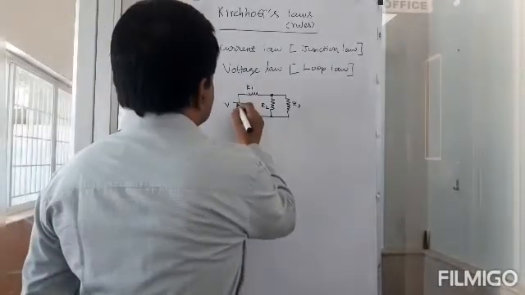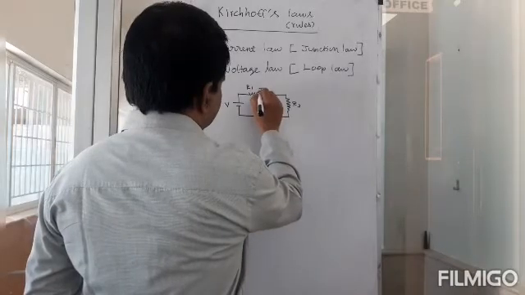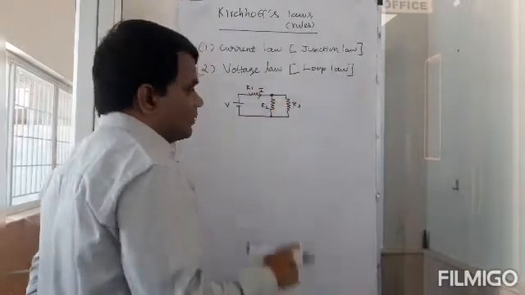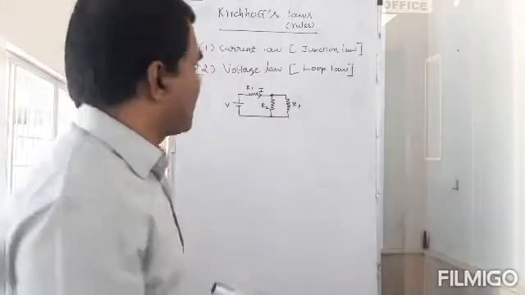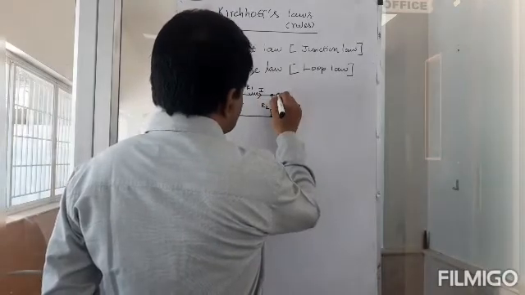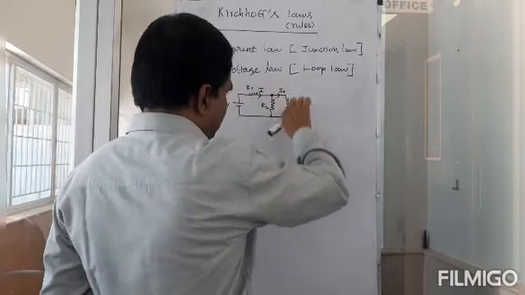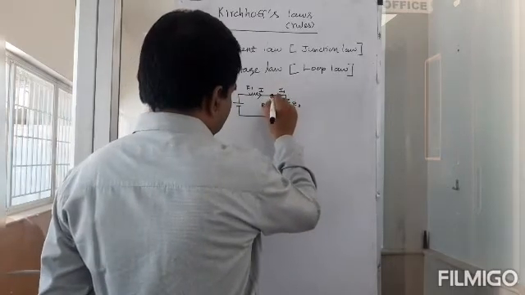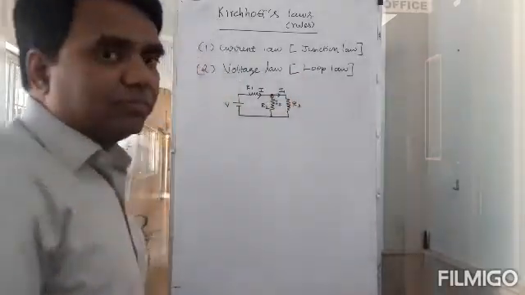So let us suppose that this battery sends current I. That is the current entering this junction. And let's say there is a current I1 through this line which goes through this resistor. Let us suppose that the current I2 is going to go through this resistor.